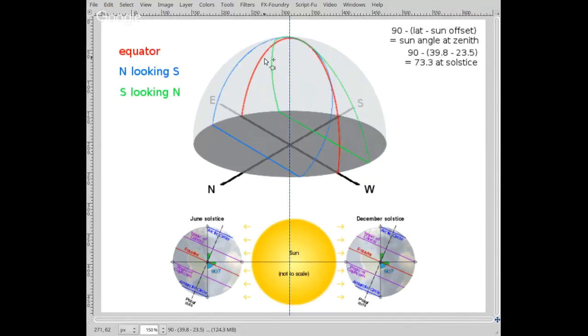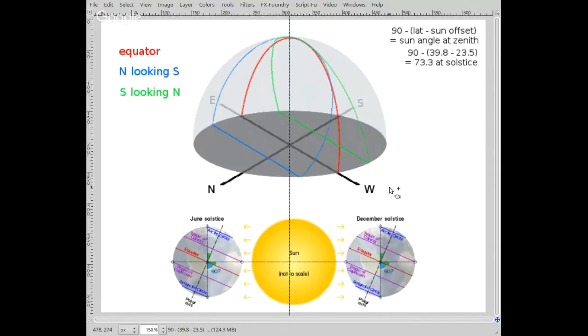And even at the equator, all three of these lines, if you bind all three of these arcs together and move them a little bit this way, a little bit that way, that's your two tropics. Because even at the equator, the sun is not always exactly at 90 degrees.